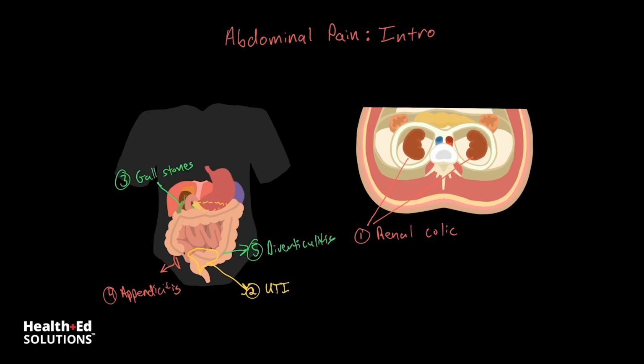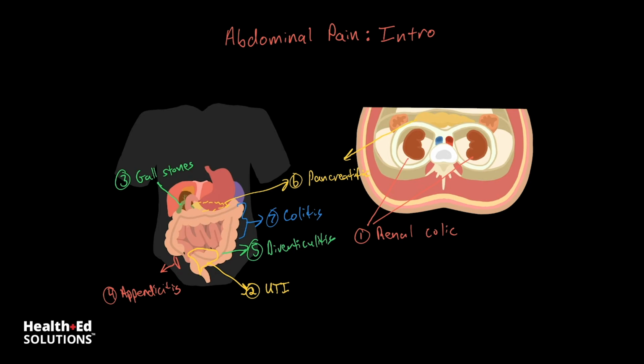The rest of it would be here. Or you can actually see it up here. It's a retroperitoneal organ. So we'll talk about the anatomy in the next video, but number 6 is acute pancreatitis. And number 7 would be a colitis from viral or bacterial infection or inflammation. So those are sort of the most common causes.